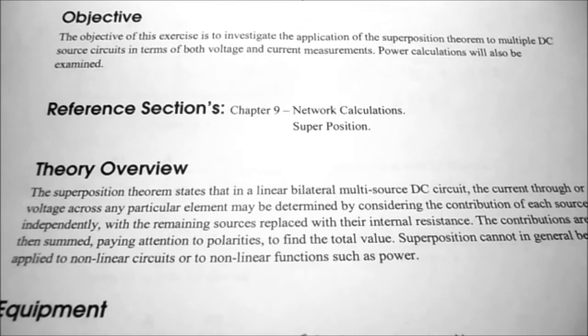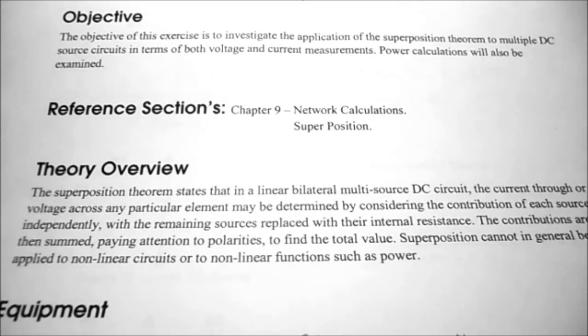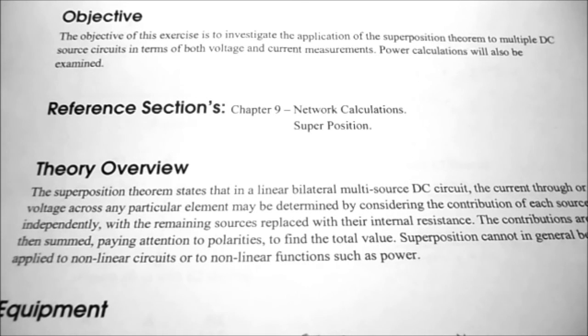In the theory overview, it states that the superposition theorem states that in a linear, bilateral, multi-source DC circuit, the current through or the voltage across any particular element may be determined by considering the contribution of each source independently, with the remaining sources replaced with their internal resistance.